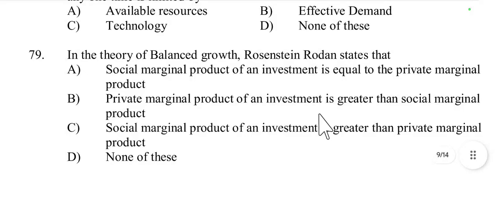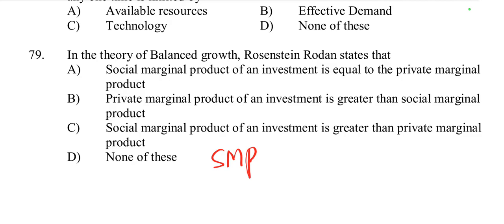Then question number 79, in the theory of balanced growth, Rosenstein-Rodan states that social marginal product of an investment is equal to private marginal product? No. Private marginal product of an investment is greater than social marginal product? No. Social marginal product of an investment is greater than private marginal product. Yes, this is the correct answer.